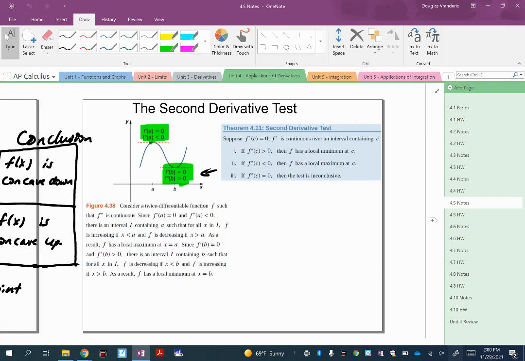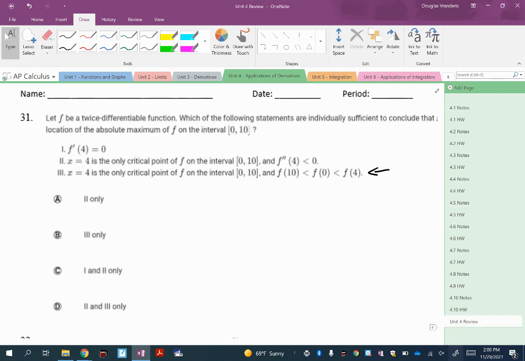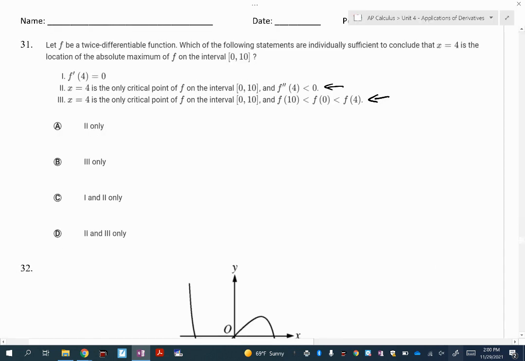We have a local maximum at c because the second derivative at c, in this case 4, is less than 0. So this also provides evidence that there's an absolute maximum at x equals 4 on this interval. So be careful. A lot of us are going to pick 3 only, but the answer here is actually 2 and 3 because of that second derivative test.